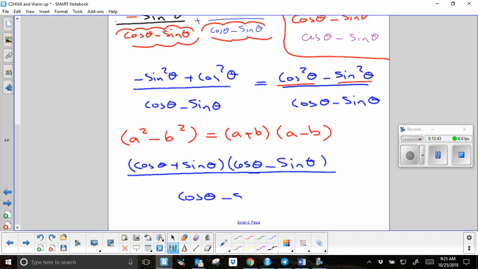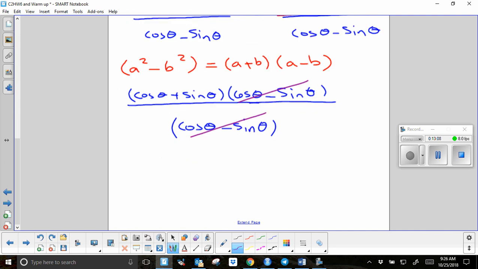you have that. And now, what can I cancel? Now I can cancel because they're being multiplied. There's no addition or a negative here. I can cancel top with bottom if they're the same. And they are. Look at this with this. I can cancel them. And my final answer would be cosine plus sine. Did I get what I needed to? Did I?